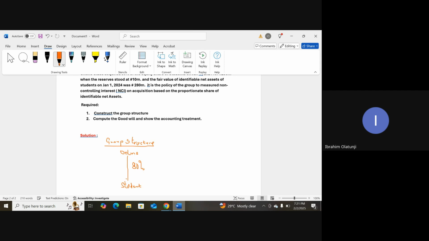If Online acquires 80% of Students, it means it acquires 80% out of 100. Then the remaining one is how many percent? 20%. And that 20% we call it what? Non-controlling interest. That is the percentage that belongs to outsiders. Is it clear?